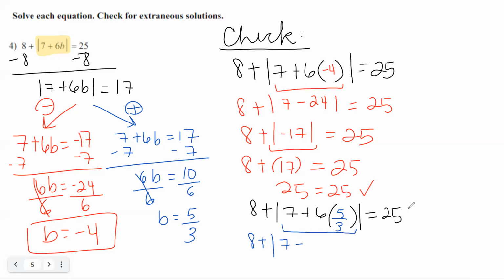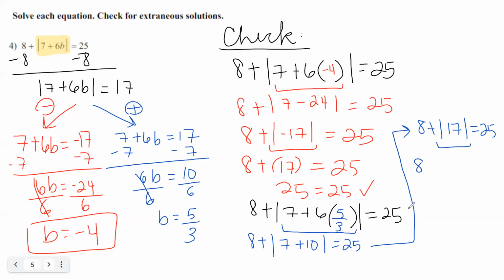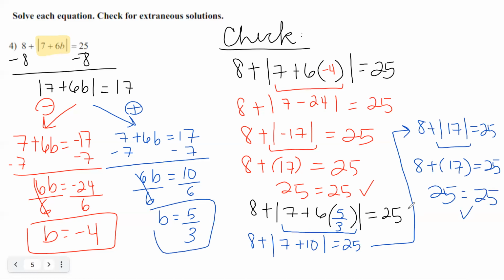That gives us 10. So now we are at 8 plus the absolute value of positive 17, is that equal to 25? The absolute value of positive 17 is going to be 17 as well. And I want to know if 8 plus 17 is 25. As a matter of fact, it is. Yay! So 5/3 is also a solution.